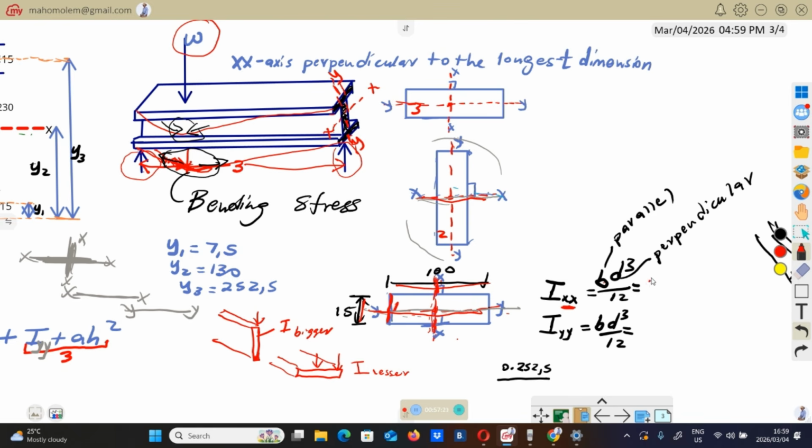So b will be equal to 15, multiplied by d, which is the dimension perpendicular to x. Perpendicular to x we have this side, which is 100.